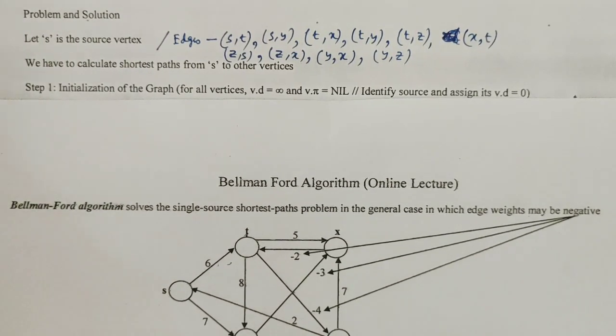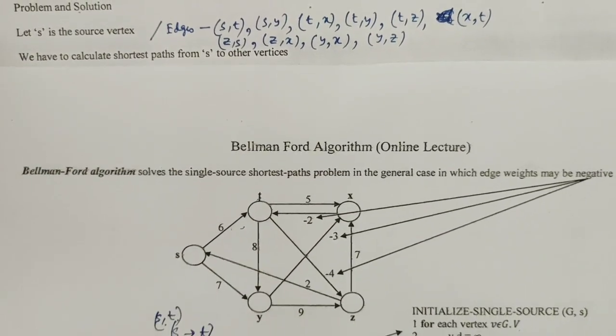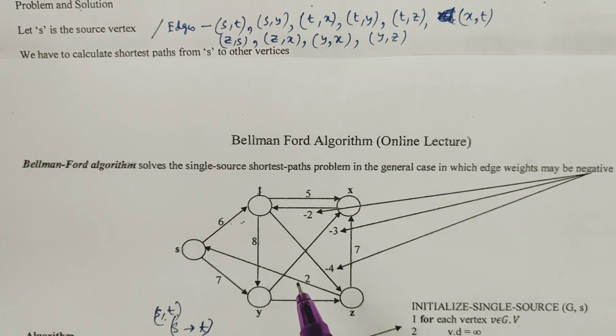So the first part is called the initialization of the graph, and you know that initialization means d parameter value for all the vertices will be assigned to infinity and pi parameter value of all the vertices will be assigned to nil. That means no vertex present in the graph has a predecessor and no shortest path estimate has been calculated yet.